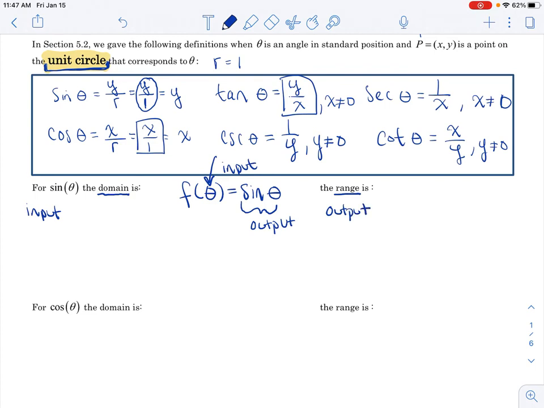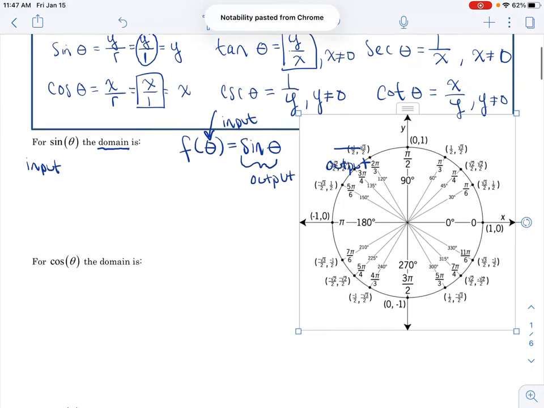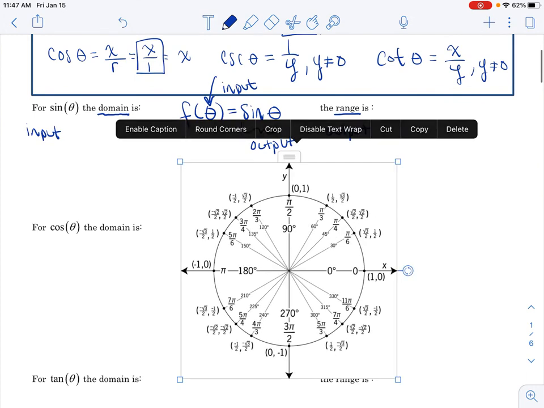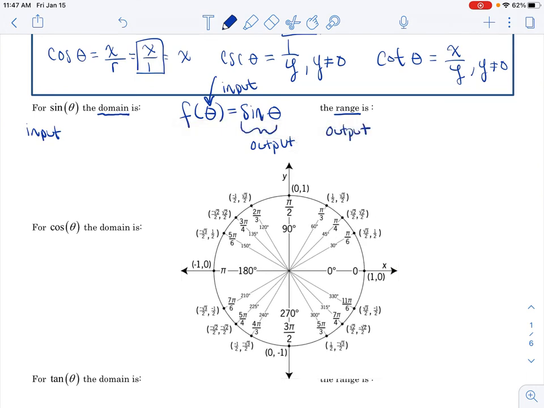For us, I'm going to go ahead and pull up this unit circle. I'm just going to drag it a little bit down. For sine, our domain is going to tell us all of the values I can put inside this function. I like to think of a soda machine. Can I put in quarters? Can I put in dollars? Can I put in credit cards? Anything you can put into this machine.